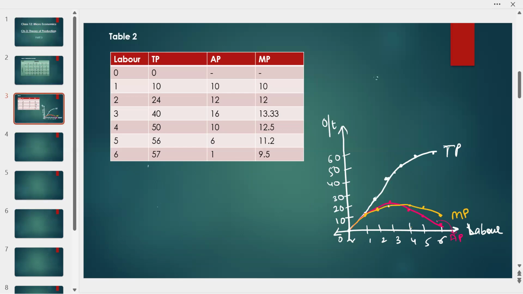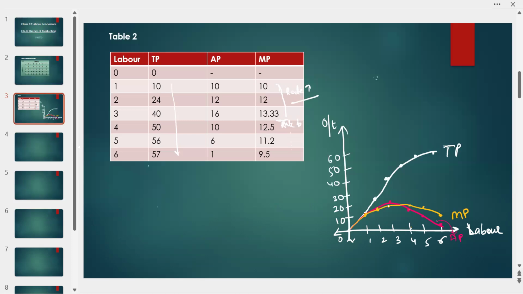Initially the marginal product was increasing and total product is increasing continuously. However, marginal product tells us the rate at which TP is increasing. So after 3 units we see that the rate is not the same. The rate has started falling. Initially the rate of increase is increasing, and slowly the rate starts falling.